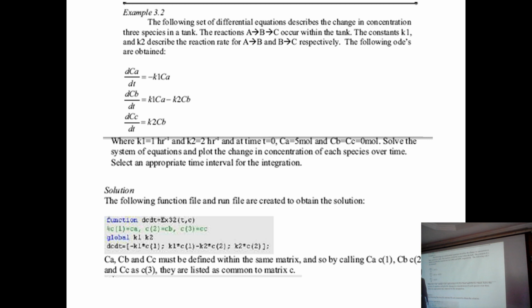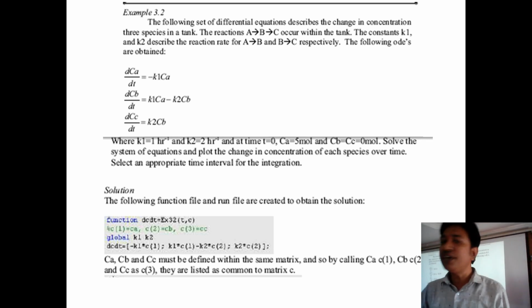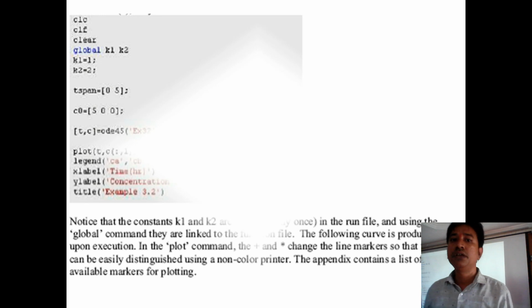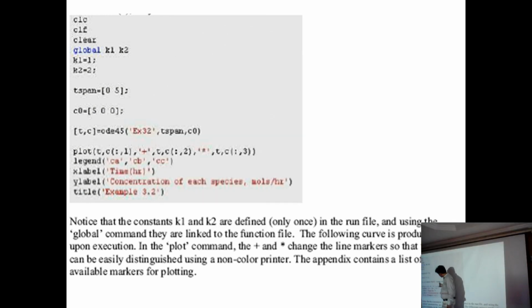Now open another M file, as I already told. Which M file do I have to open? For ODE45 I have to open one. So I have opened another M file, the ODE45 file, with the file name, then tspan. What is tspan here?